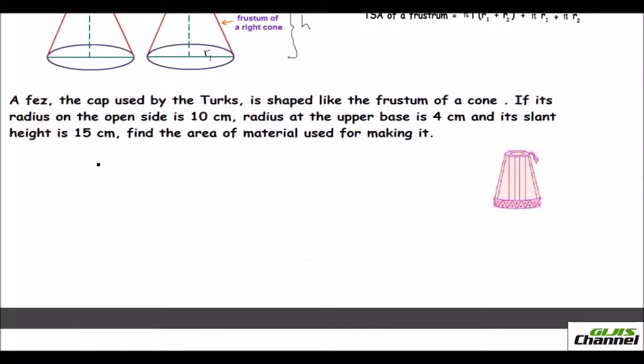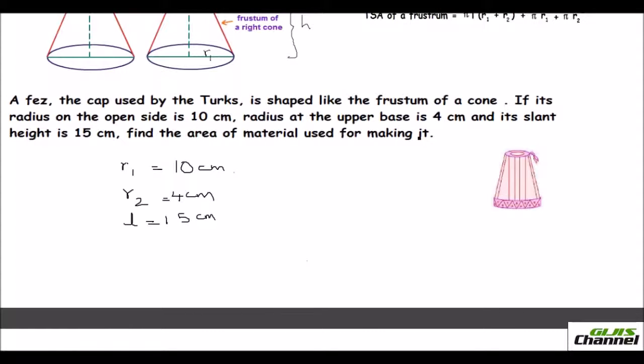As per the formula, the smaller radius will be r2 and the bigger radius is r1. So I am going to write the information given in the question. R1, the bigger radius, is 10 centimeters, r2 is 4 centimeters, and the slant height L is 15 centimeters. This is a direct question. They've asked you to find the area of material used.